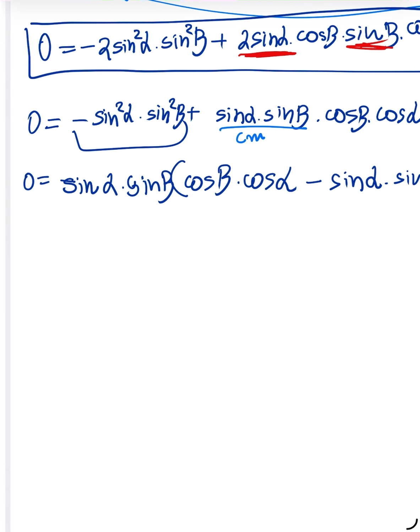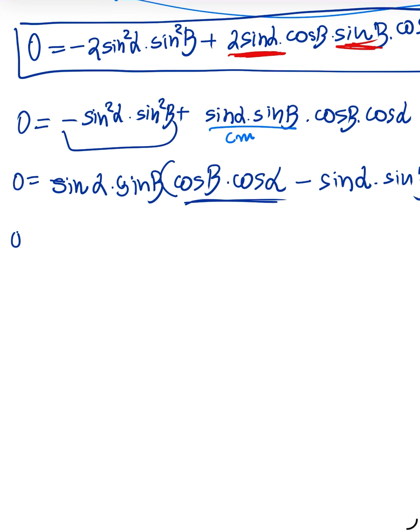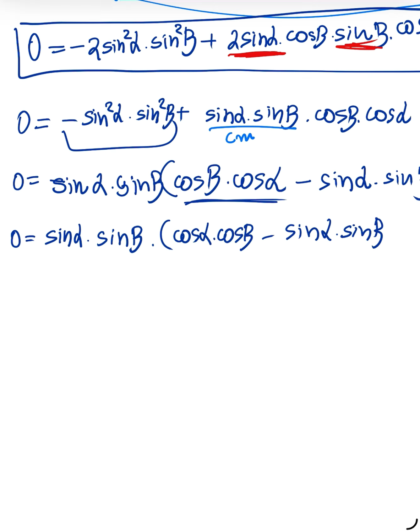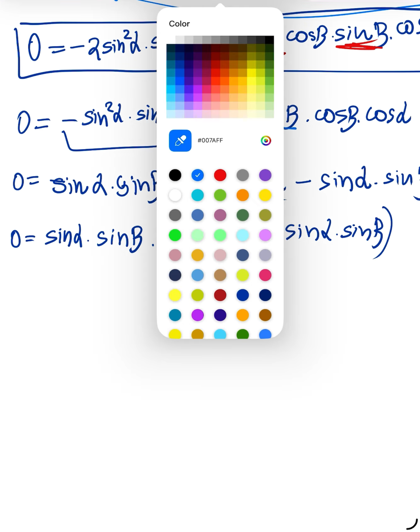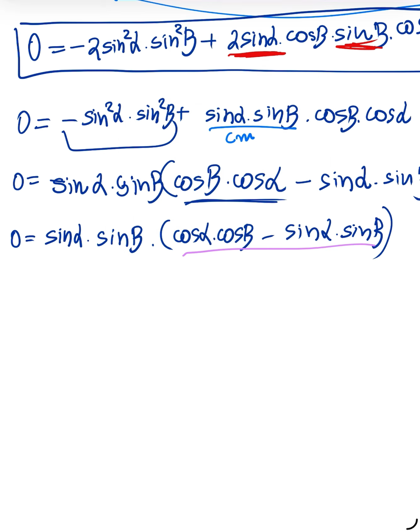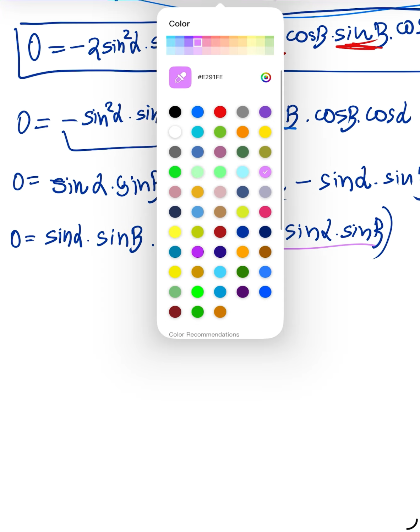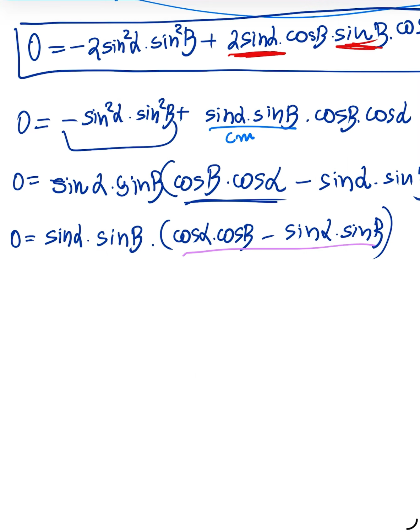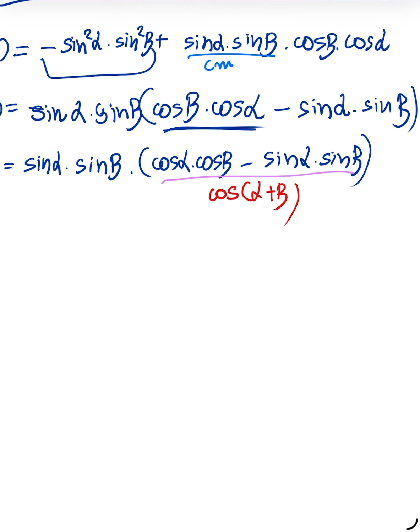Here we can rearrange them. 0 is equal to sinus alpha times sinus beta times cosine alpha times cosine beta minus sinus alpha times sinus beta. But this is something well known in mathematics, and this is actually the formula for the sum of the angles, cosine alpha plus beta, yeah? This is the formula for cosine alpha plus beta.